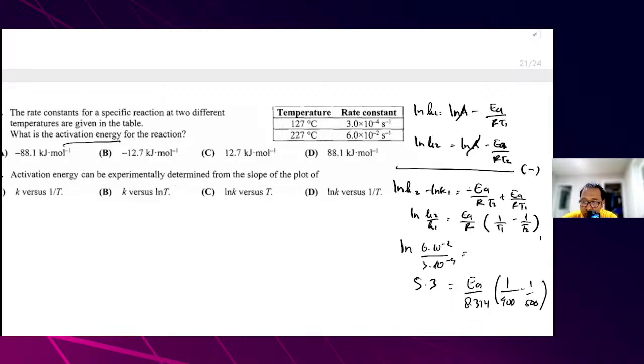So it will be 0.0005 times EA equals 5.3. So the EA will be 88128. This one is still in joules.